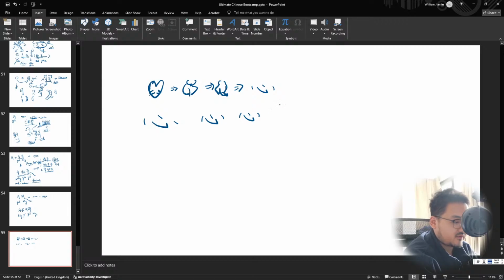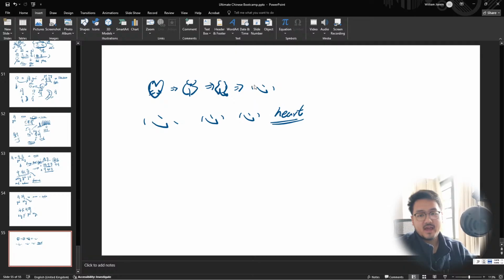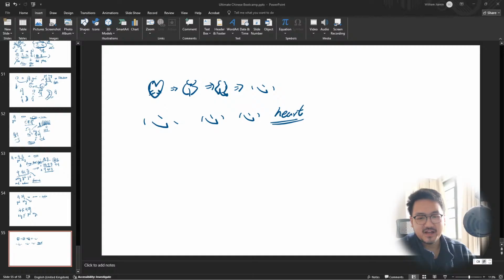So 心 refers to the heart, like hot hearts.